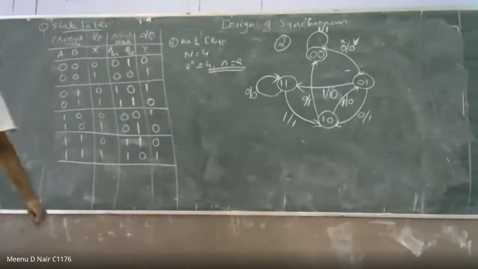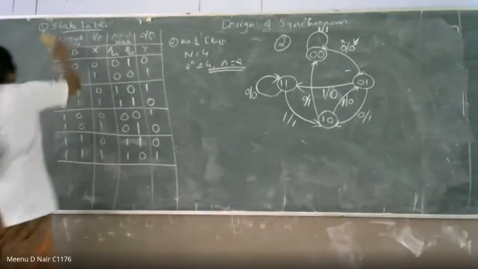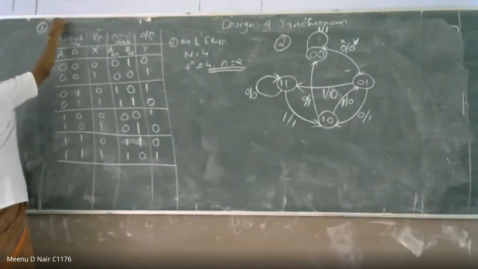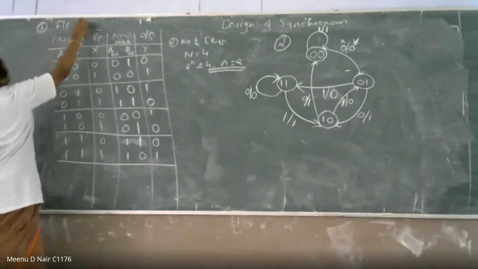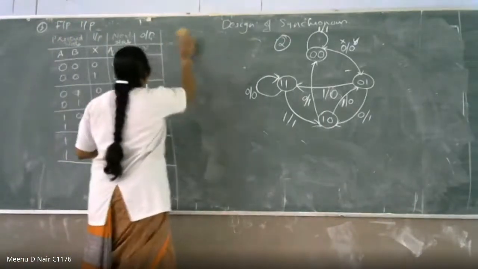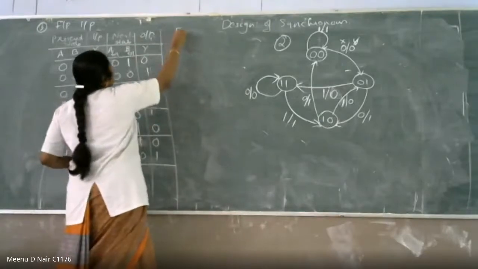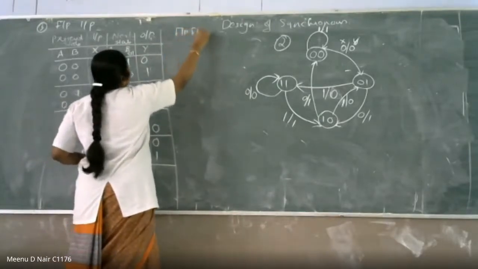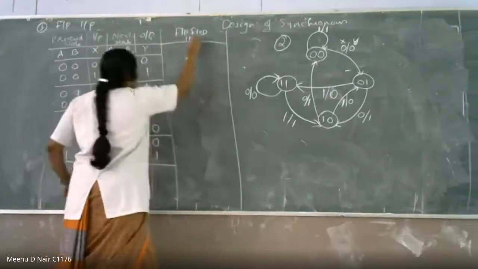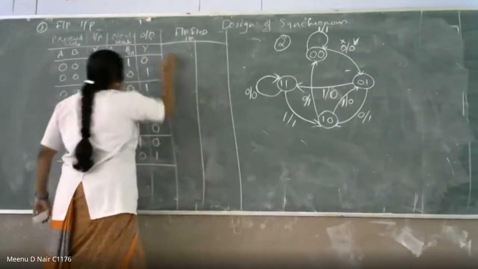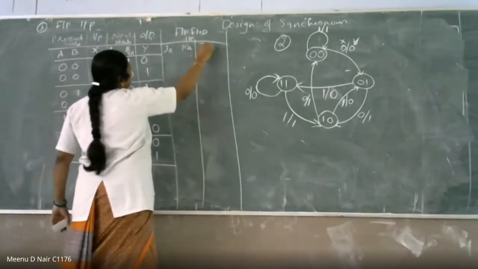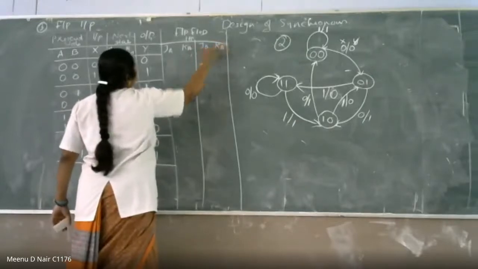So what is the third step? Third step, you have to find out the flip-flop input. You are designing the same using a JK flip-flop. So for JK flip-flop, you require JA, KA and JB, KB.